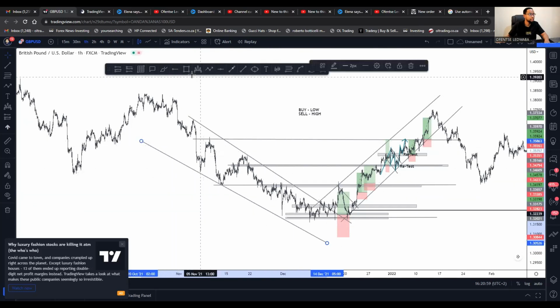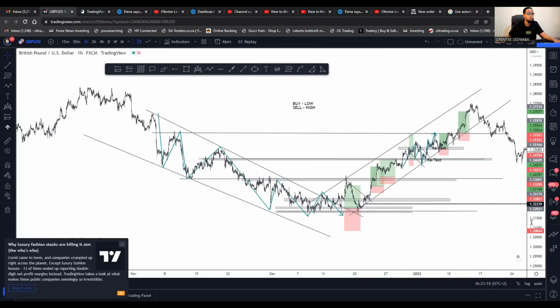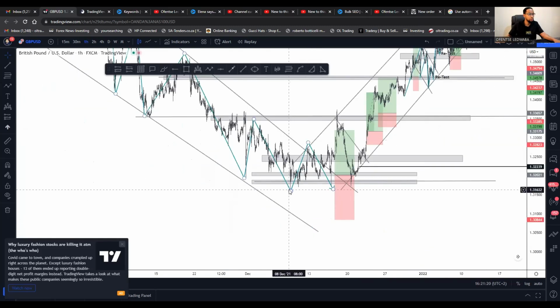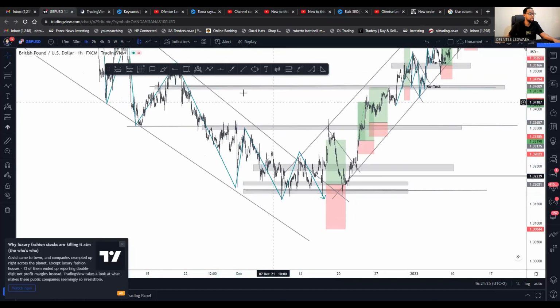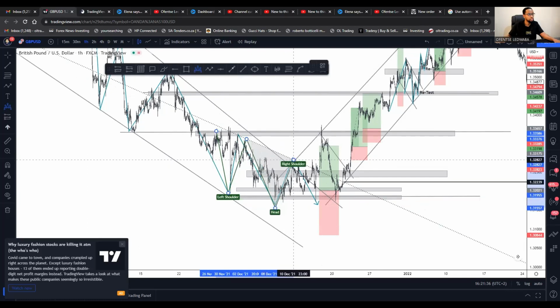So we are coming here, downtrend, and then we formed a reversal pattern, showing us that we are indeed going up. As you can see, I have something that looks like a reverse head and shoulders here.